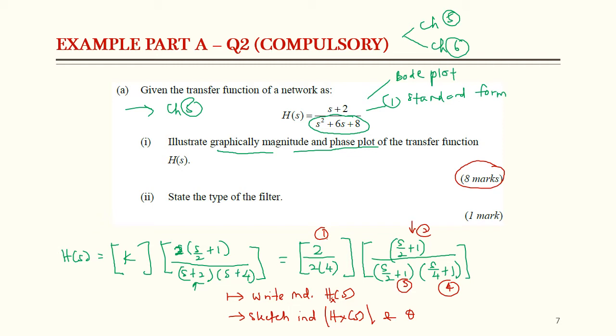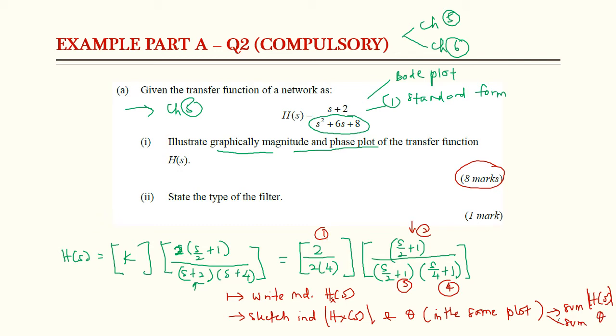Based on your sketching, once you have sketched the individuals in the same plot, using the same axis, you sum them up, sum the magnitude and sum the theta as well, the phase.